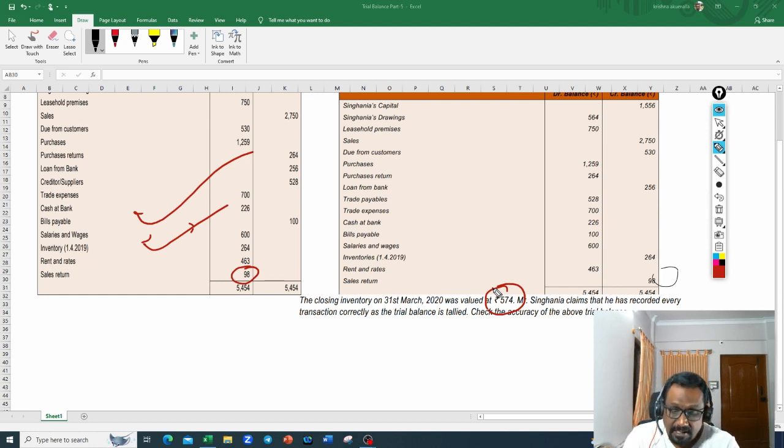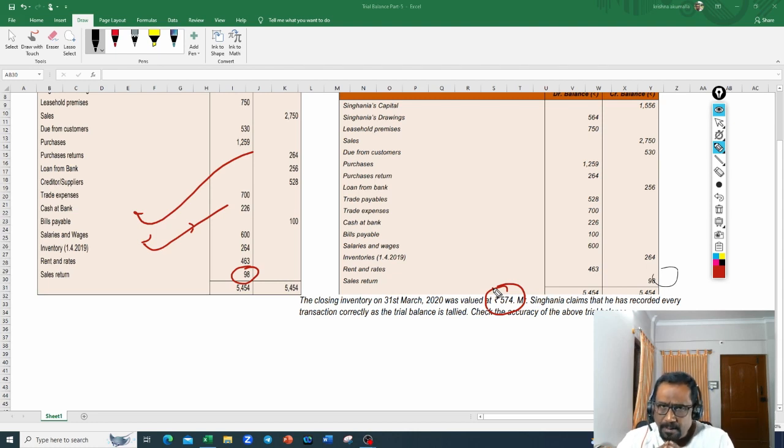That is the reason this will be considered as an adjustment while preparing the final accounts. When we start preparing profit and loss account and balance sheet, that time I will explain how to treat this closing balance while preparing profit and loss account and balance sheet. For time being, what you need to understand is the closing inventory will be given as an adjustment and it should not be part of trial balance.